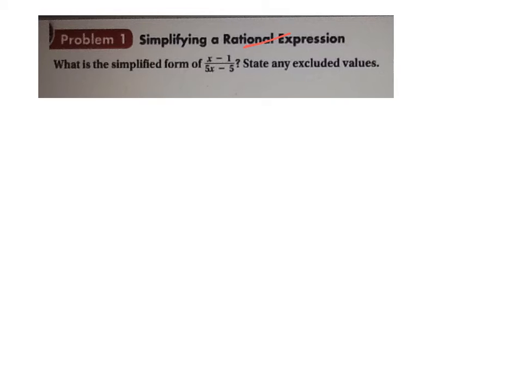And I can, because if I factor out a 5 from there and a 5 from there, that leaves me with x minus 1. So writing it out, I have x minus 1 on the top, and on the bottom, 5 in front of the parentheses, and in the parentheses, x minus 1. Okay? It does not matter what is on top and what is on bottom, whether it's variables, numbers, a combination of them.